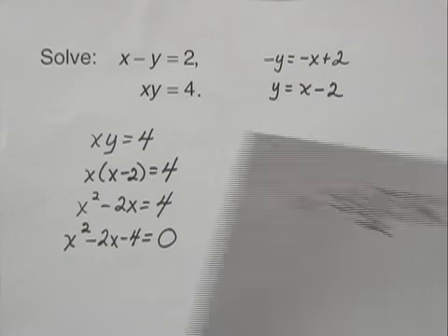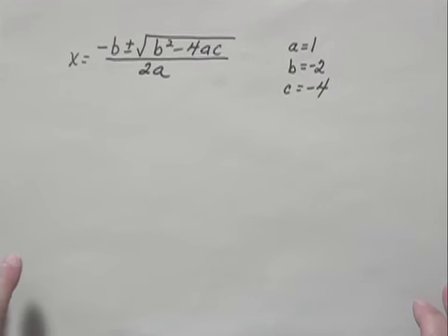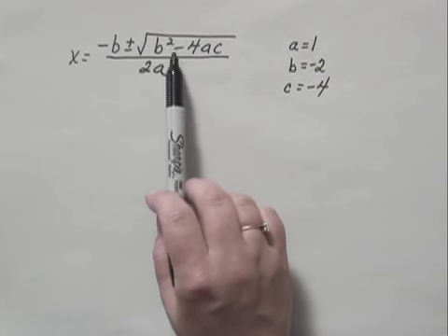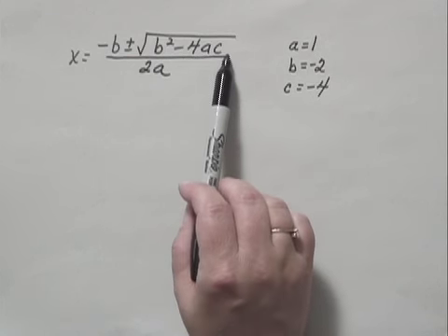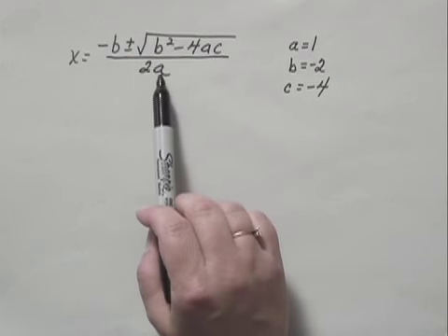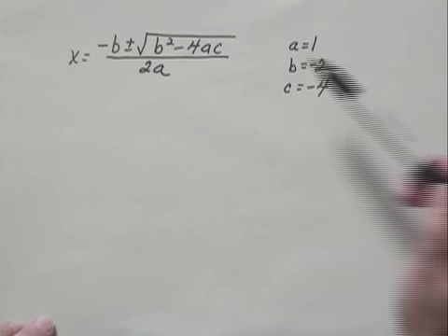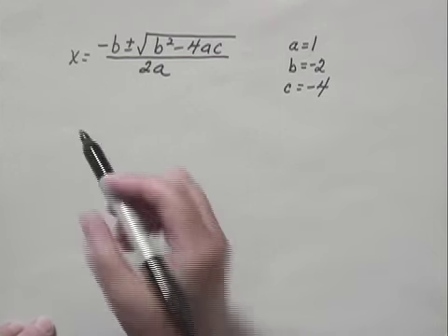The quadratic formula says that x equals the opposite of b plus or minus the square root of b squared minus 4ac all over 2a, and we have values for a, b, and c, which we substitute into this formula.